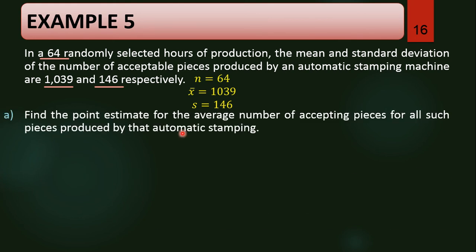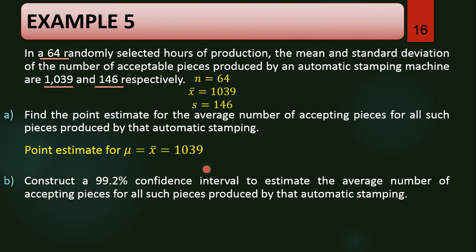Then, the question asks to find the point estimate for the average number produced by the automatic stamping, meaning to say that you need to estimate the value for mu, meaning to say that you will compare mu with X bar. So mu estimated is equal to 1039. Point estimate.